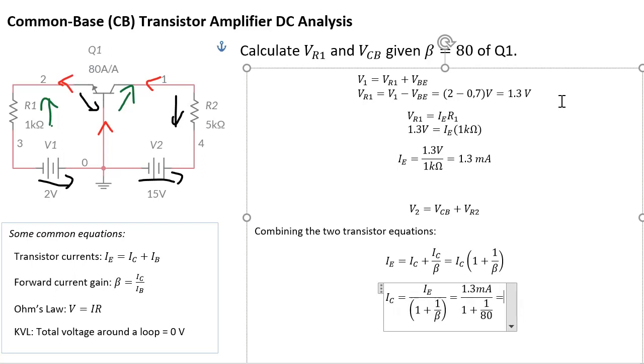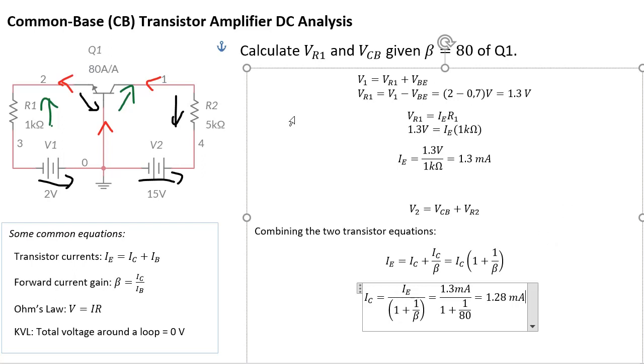I did the calculation earlier, so you're going to get an IC that is equal to 1.28 milliamps.